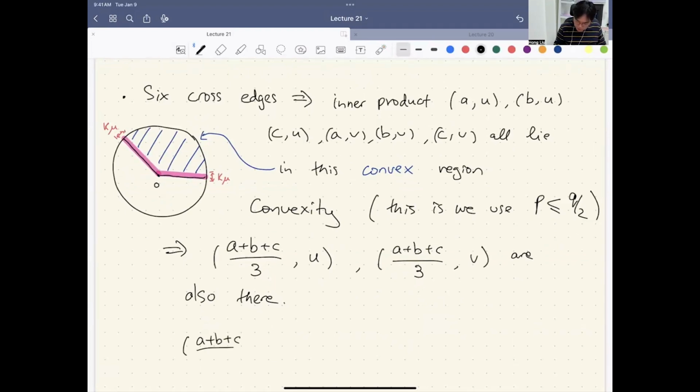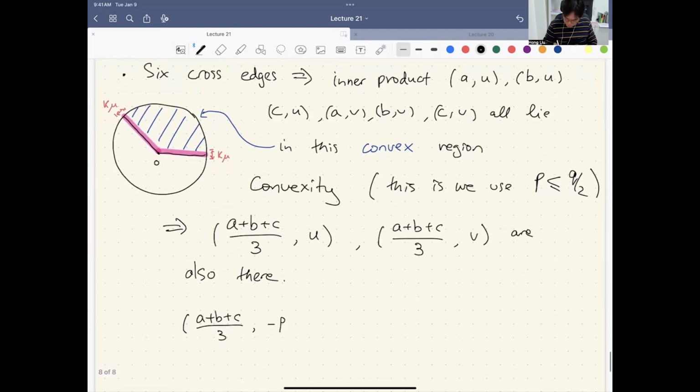A plus B plus C over 3, comma, negative rho times V, right? I think this equals the conjugate of this guy. You can pull it out. Conjugate, this is negative rho square, probably negative rho square A plus B plus C over 3 V.